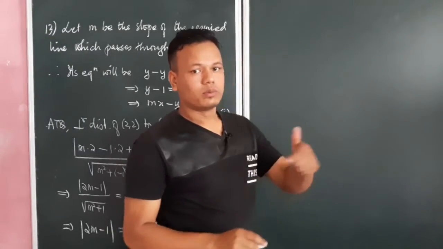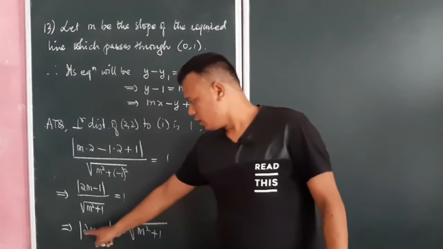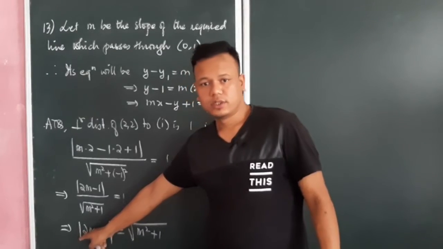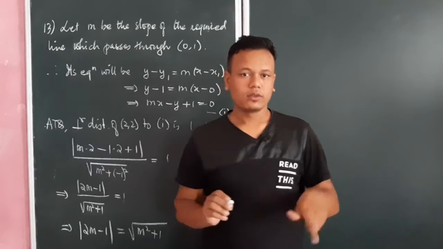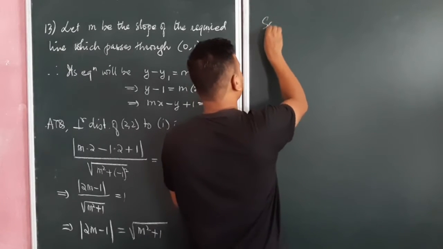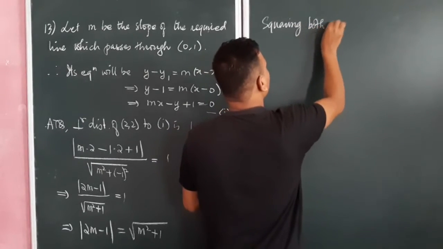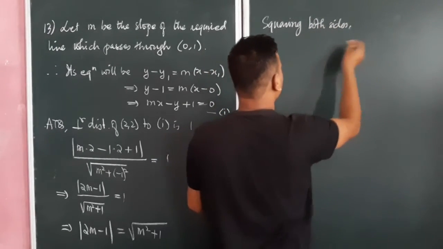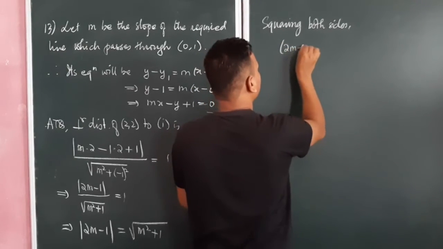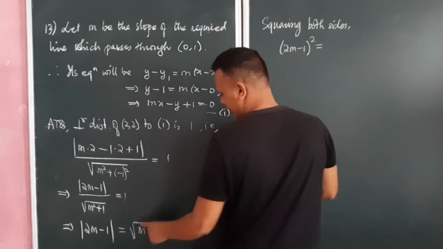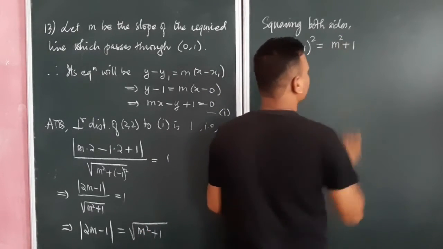Now I am going to square both sides because I have got a square root sign, and you need to remember that if you square a modulus, you can remove the modulus sign after squaring. So we have (2m minus 1) whole square equals m square plus 1, and the square root sign also vanishes.